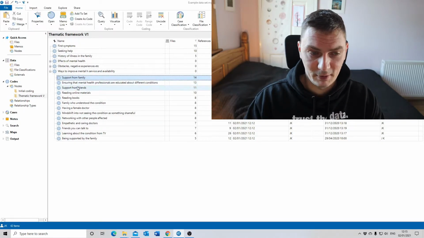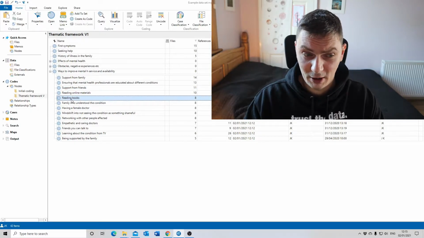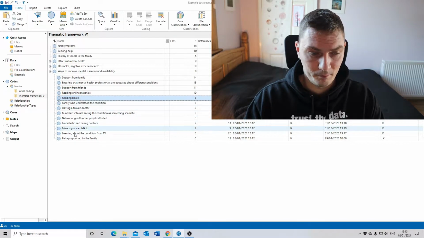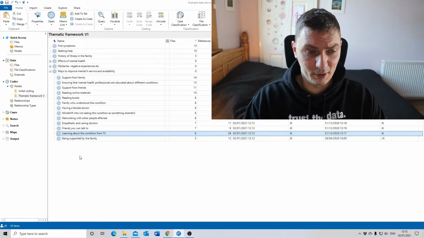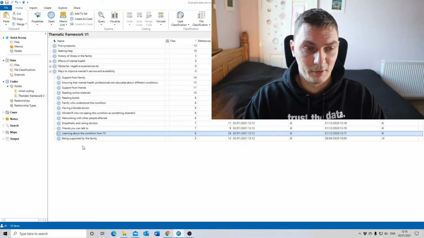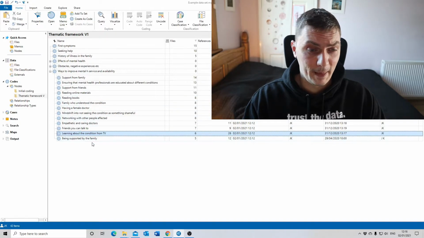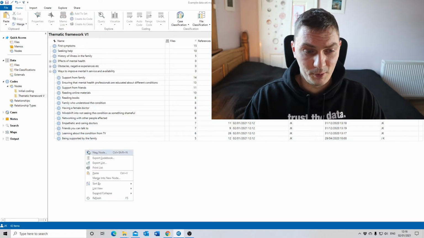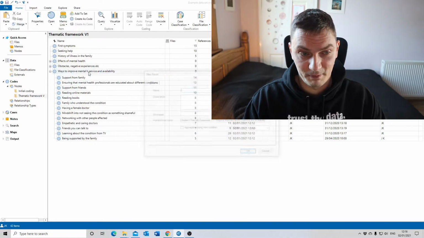Support from family, let's leave it for now, friends as well, but reading online materials, reading books, learning about the condition from TV. What does this tell me? Somebody was educating themselves from books, from online materials, on the internet, watching TV. So I'll just create now a new code or sub-theme.